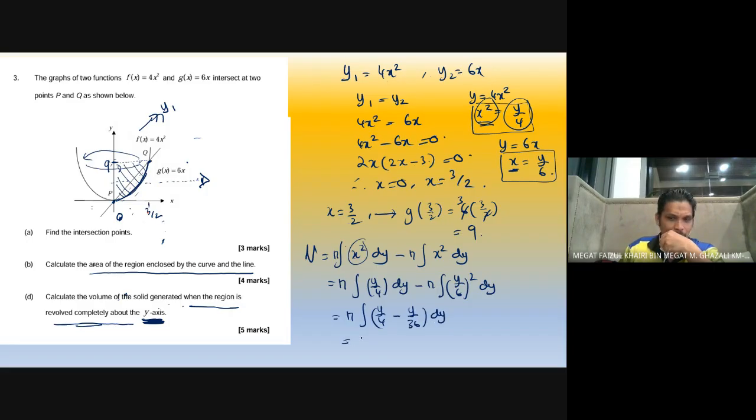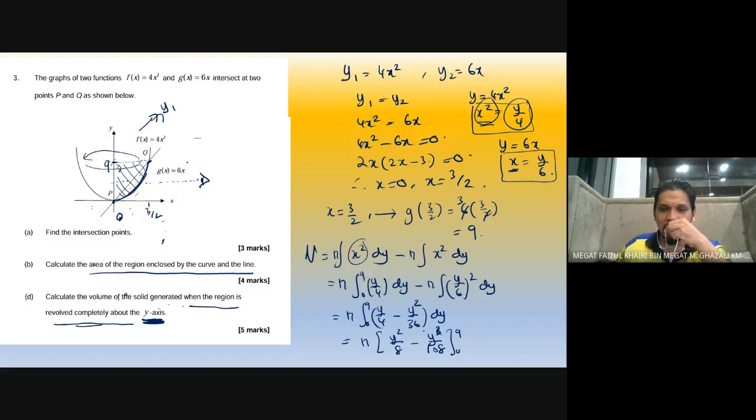Then integrating gives pi times y squared over 2 times 4, equal to 8, and then y squared over 36 integrates to y cubed divided by 36 times 3, which is 108. The limit is 0 until 9.